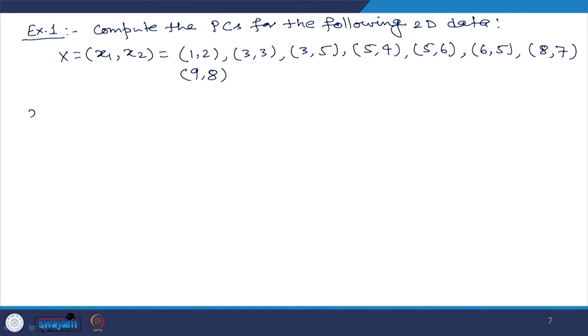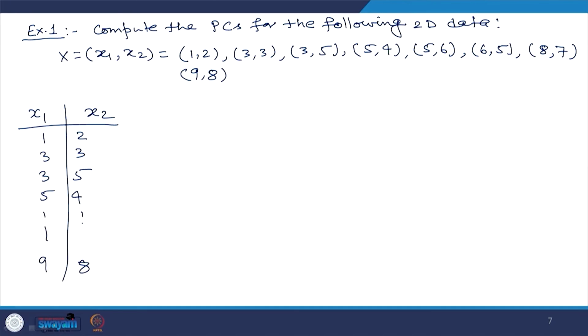So I am having an x1 column and an x2 column, and the data is 1 2, 3 3, 3 5, 5 4 and so on up to 9 8.